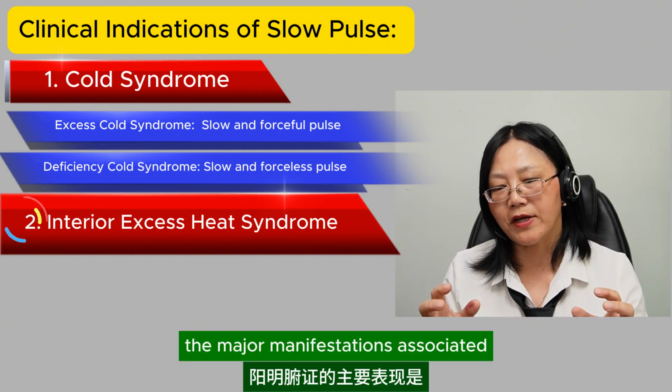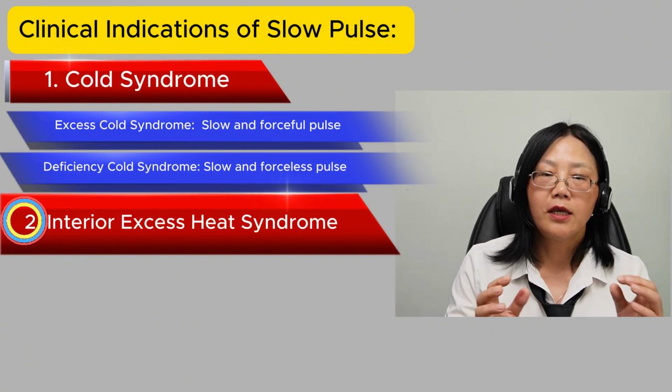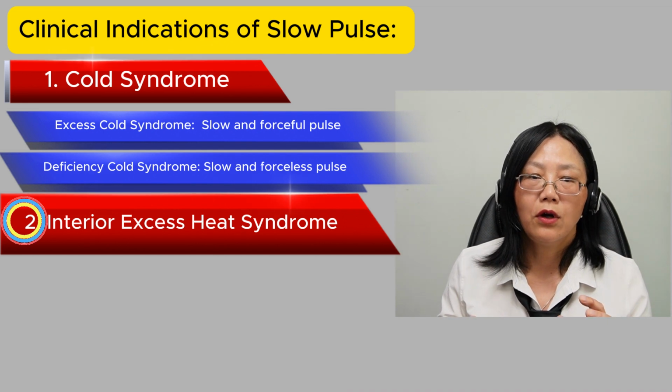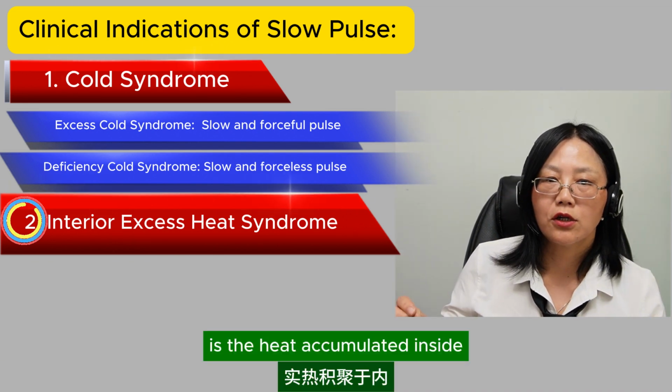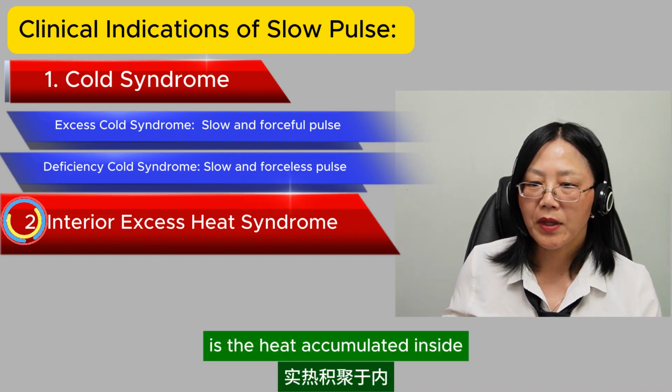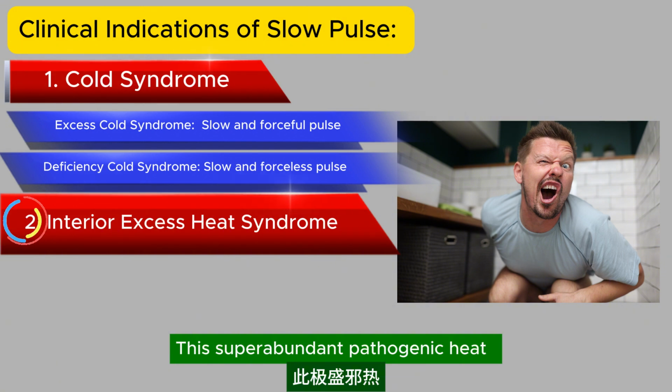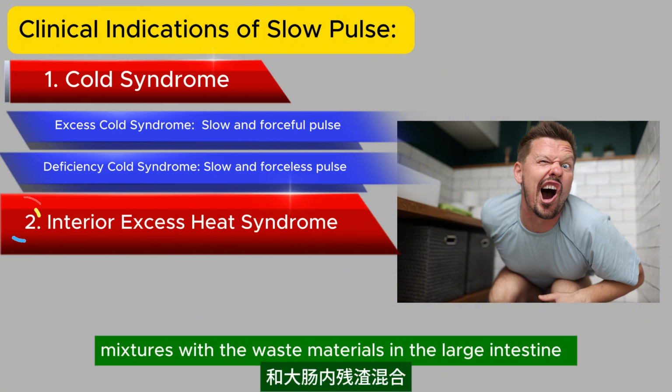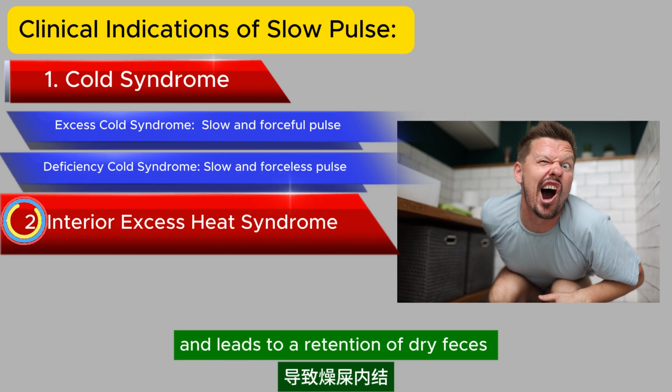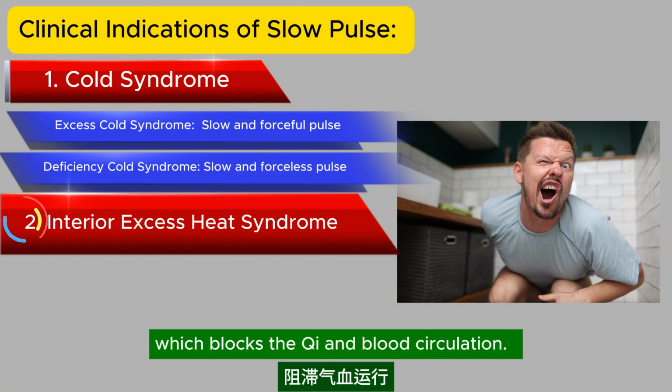The major manifestation associated with Yang Fu organ syndrome is heat accumulated inside. This superabundant pathogenic heat mixes with the waste materials in the large intestine and leads to a retention of dry feces, which blocks the qi and the blood circulation.